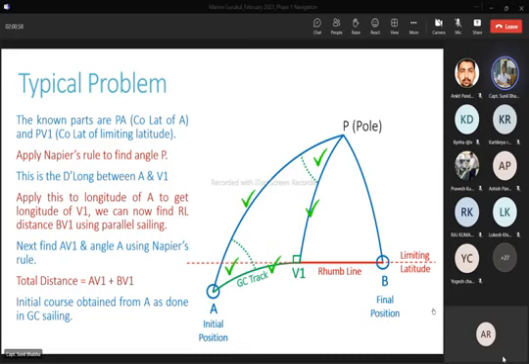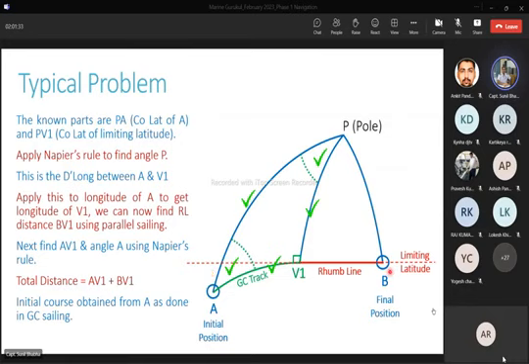Now, that challenge is, let's assume that you have solved the triangle PAV1 using Napier's rule, and you have found out the longitude of the vertex, the V1. Now when you find out the longitude of the vertex, there is a possibility that the vertex V1 may go outside the triangle PAB, Papa Alpha Bravo.